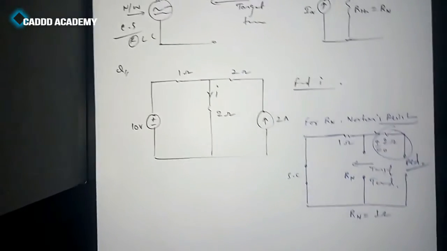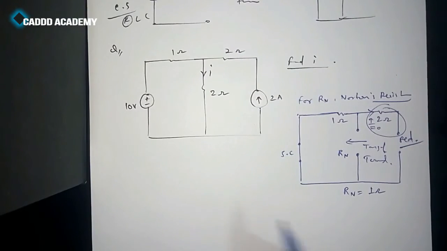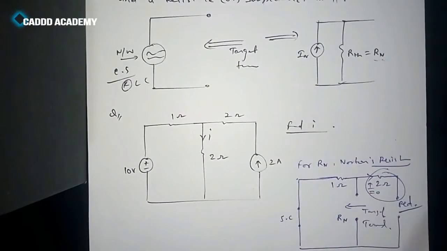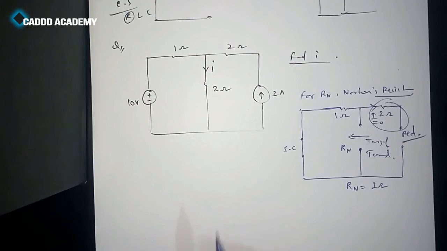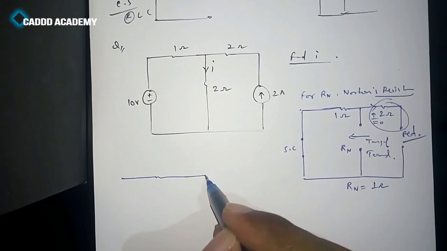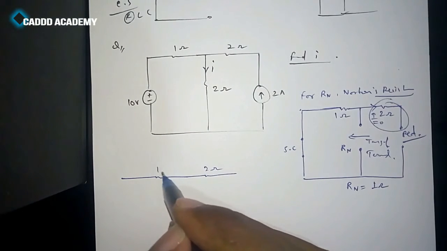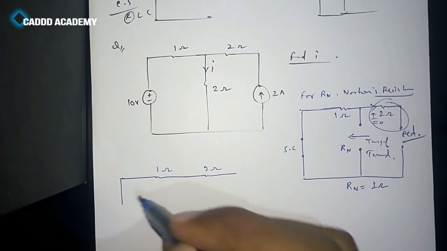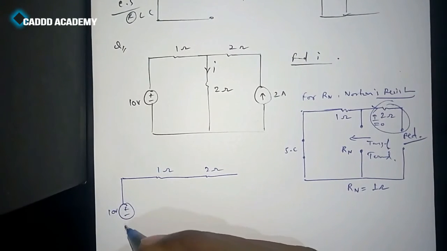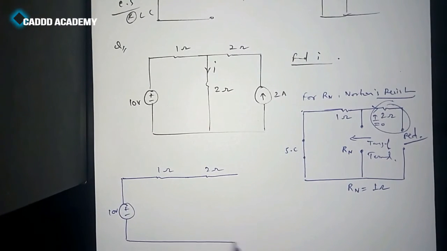The next thing which we have to calculate is the In. We have calculated Rn, now we have to calculate In. So for In, just draw the circuit. This is 2 ohm, this is 1 ohm, and this was the 10 volt DC voltage source.